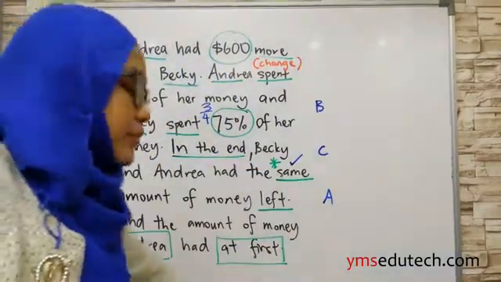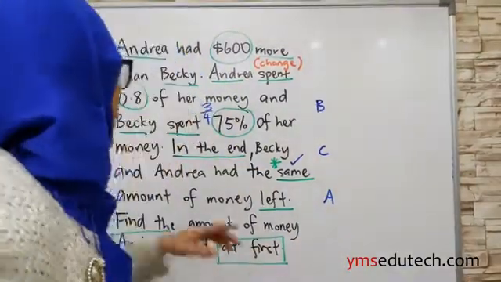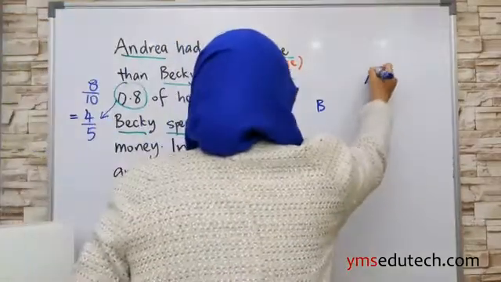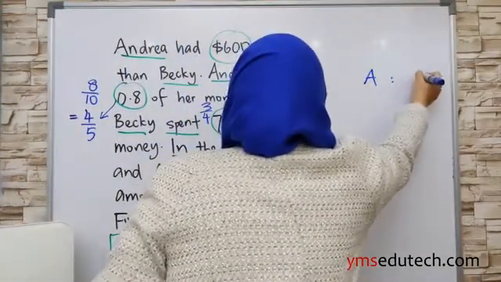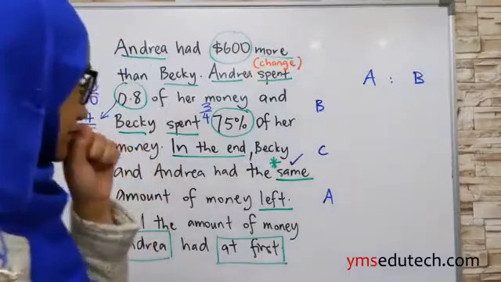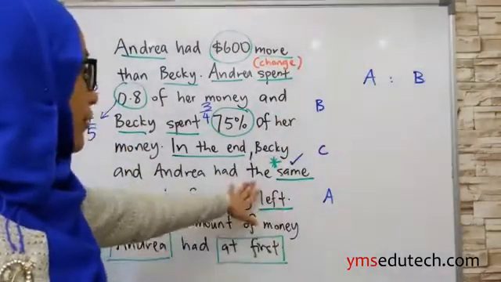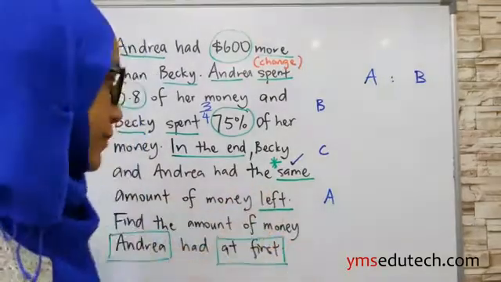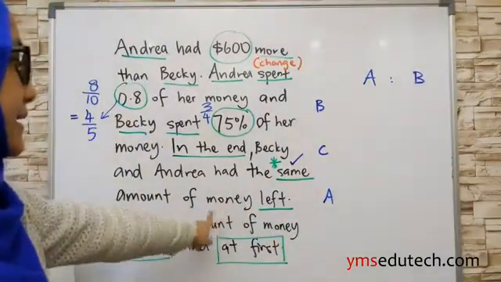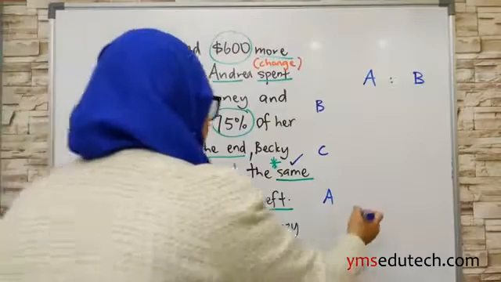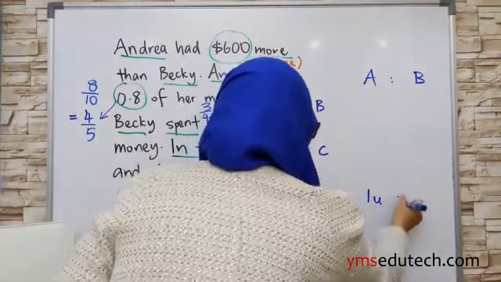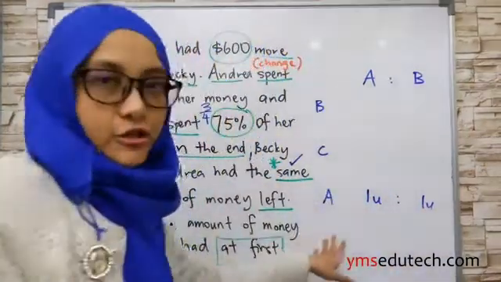BCA stands for before, change, after. Two people are involved here, Andrea to Becky. Just like model drawing, we work from where they had equal amount of money. So in the end, that is after, each one of them had 1 unit each.